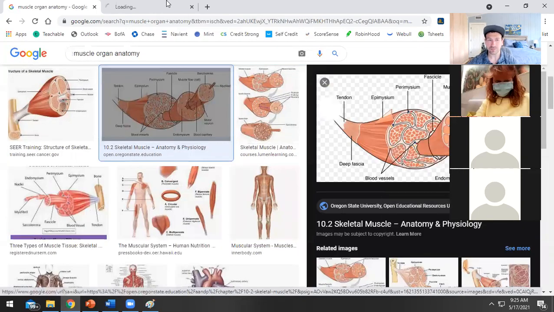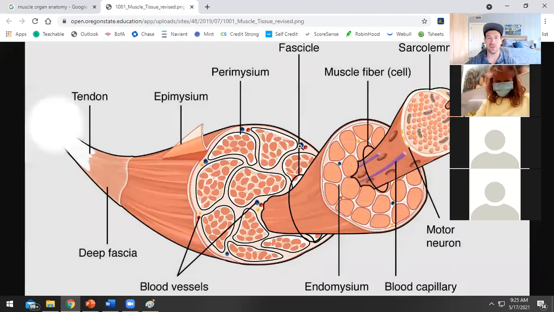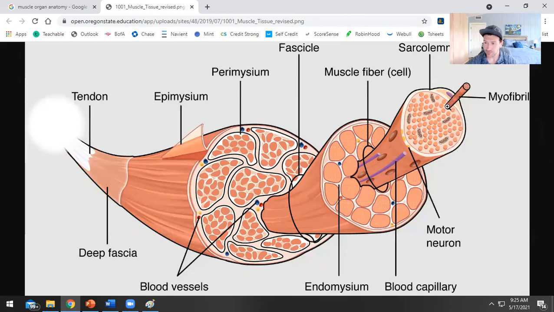So remember all the individual pieces we talked about. You've got a muscle fiber, which has myofibrils that run end to end. And then that muscle fiber is tied up with a bunch of other muscle fibers, and they're all bundled together in what's called a fascicle. And then that fascicle is bound together with a bunch of other fascicles.